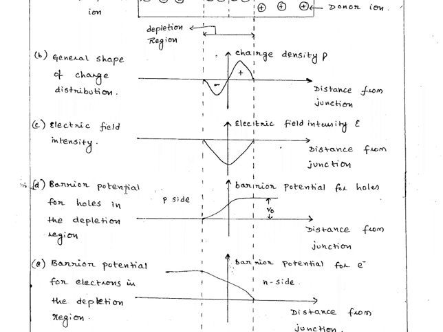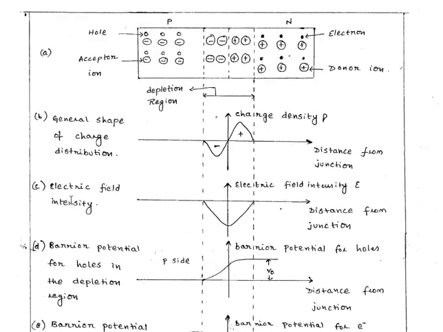Now coming to the potential for holes in the depletion region. On this side there are electrons, on this side there are holes. As we go gradually from the p side to the n side, the holes are increasing.